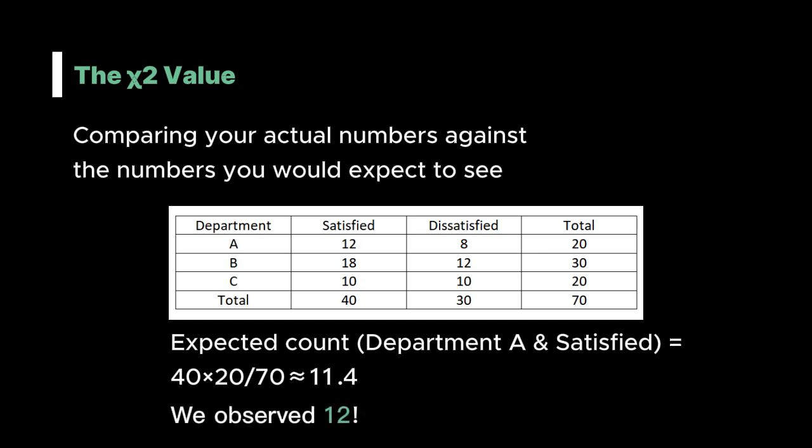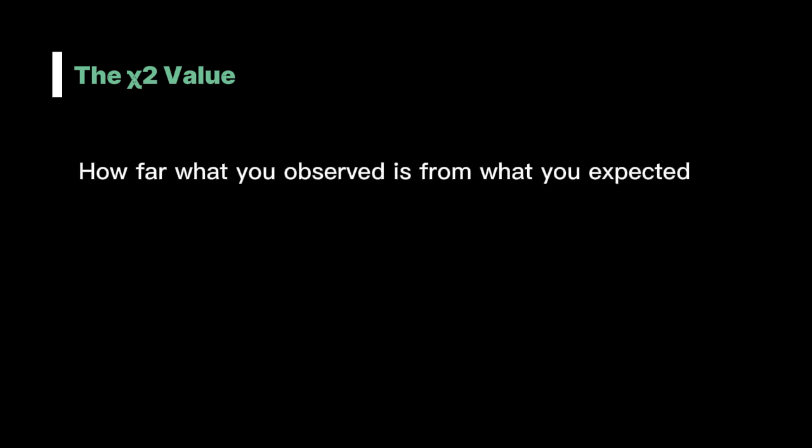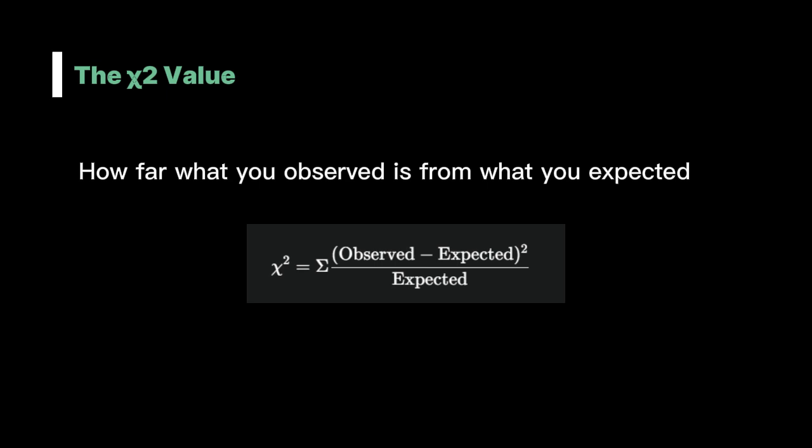The chi-square value is simply a sum of all these differences across every cell. The chi-square value, written as χ², simply measures how far what you observed is from what you expected. For each category, you compare the observed and expected counts, find their difference, square it, and then divide by the expected value.